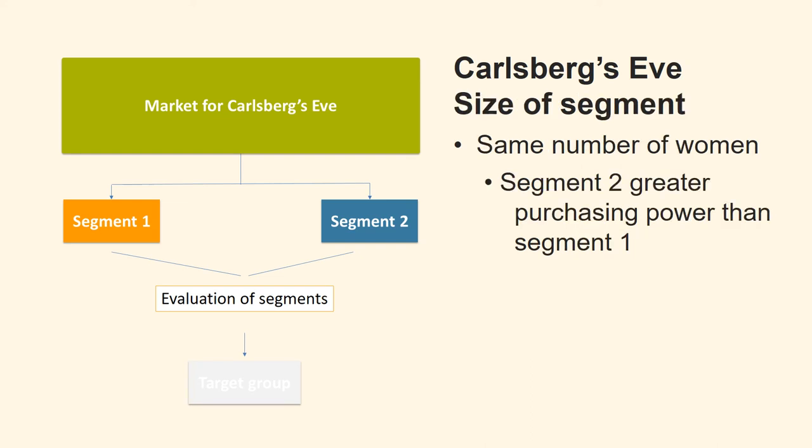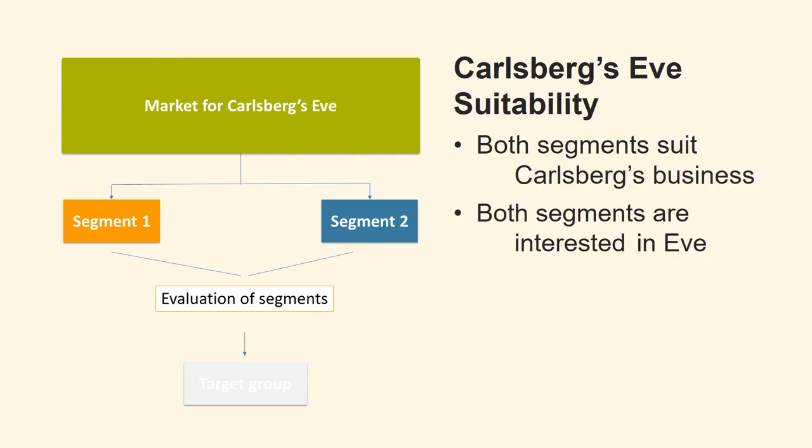There is almost the same number of women in the 2 segments. Both segments like to go to cafes, but segment 2 still has greater purchasing power than segment 1. Suitability of segment: both segments suit Carlsberg's business, and both segments are interested in the Eve drink.